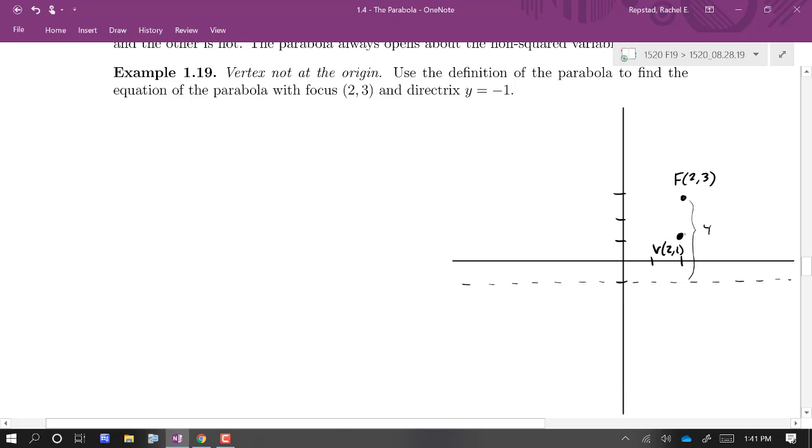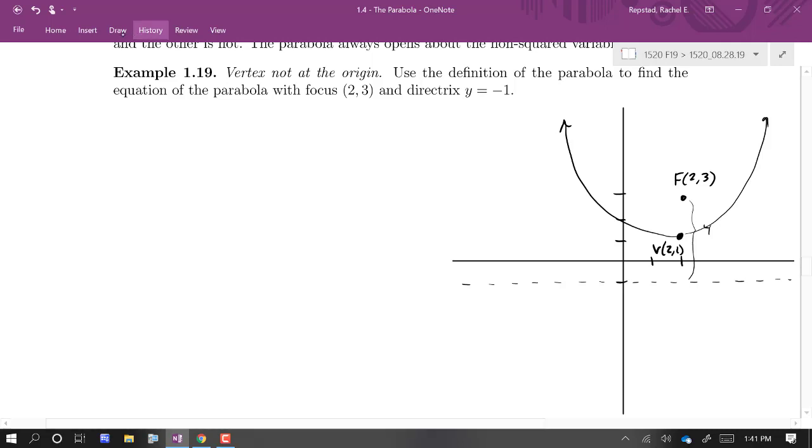I'm doing this because I want to sketch it first. I haven't found the equation, so I don't know how accurate that is. Maybe it opens wider or less wide. But the reason I'm doing this is because I get kind of visual, and I know that this is based on distances. So I just want to draw those distances and make it concrete in my mind.